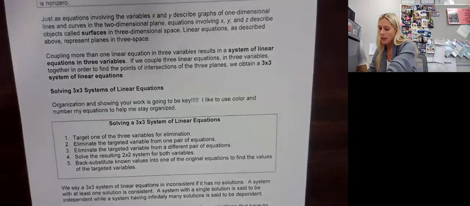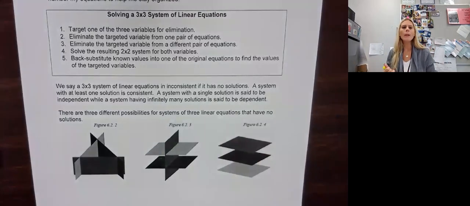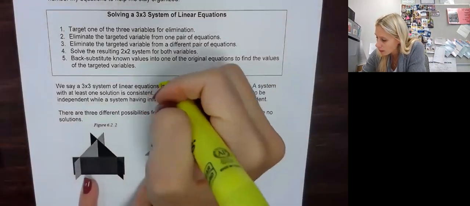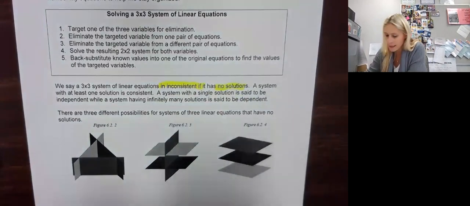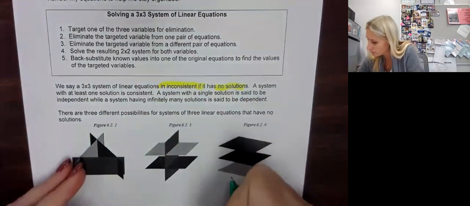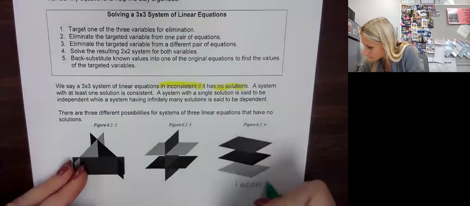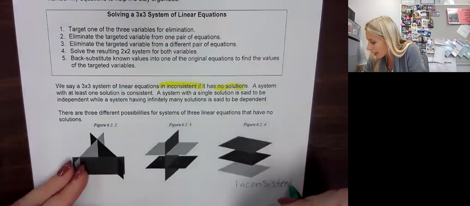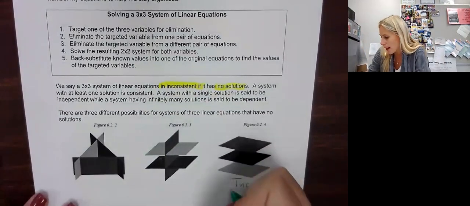All right, so let's talk about that vocabulary. We say a 3 by 3 system of linear equations is inconsistent when it has no solutions. If you look down below, this one right here is our inconsistent one. Those planes, because they're planes, don't touch, they're parallel.